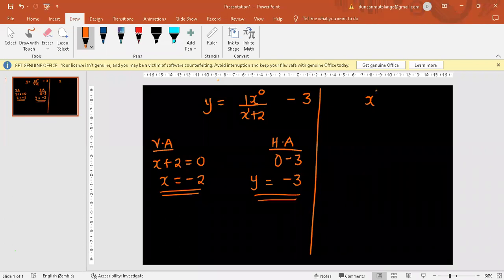Let's say we have 2x to the power 3 divided by x to the power 3 minus 2. Okay, let me put squared here so that we don't waste time.